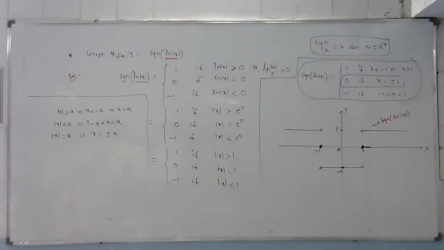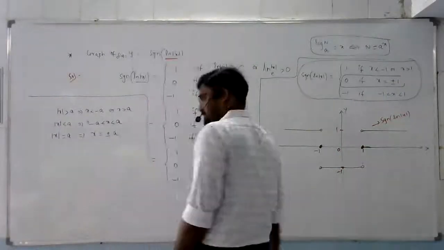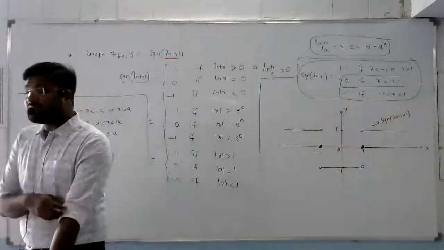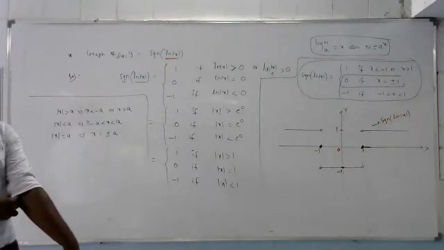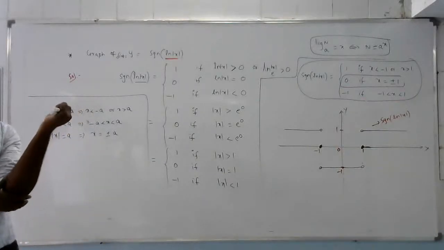Sir, we won't get negative values. Why? Log is not defined for negative values, but mod x is there, right? So it will be defined for negative values also. Vishal, mod x is there. It will change the problem. We should not include 1. Where?